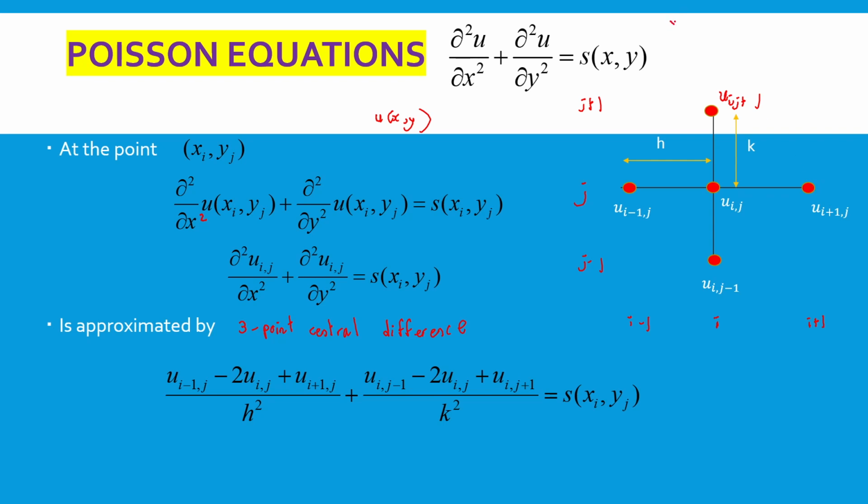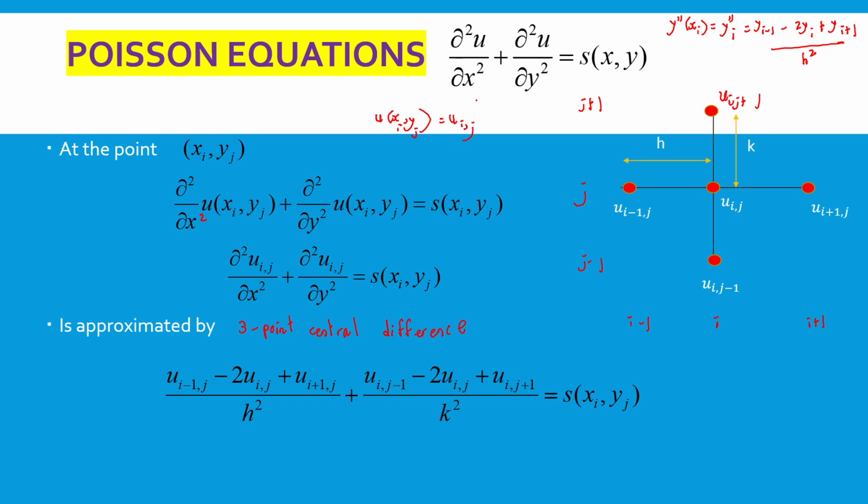Because as you learned, y double prime at the point xi can be simplified as y double prime i equal to y(i-1) minus 2 yi plus y(i+1) divided by h squared. This is a function of one variable. This is a function of two variables. u(xi,yj) is simplified as uij.